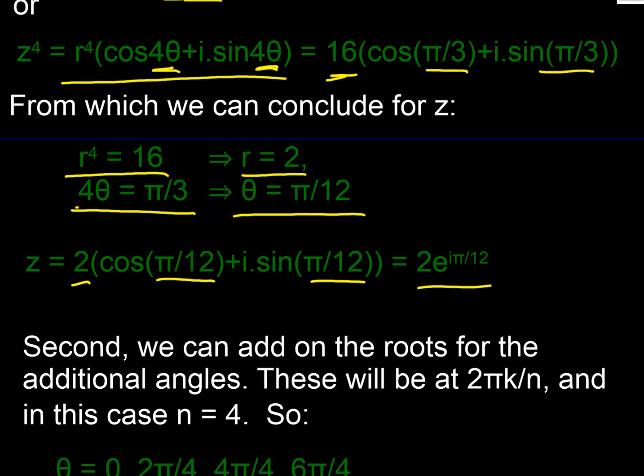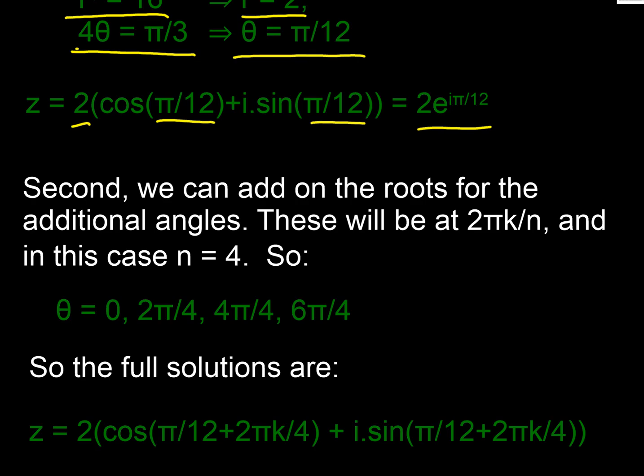Okay. But as in the previous occasion, we could also start with our point, and we could go round an additional 2 pi. So all the time we could add our 2 pi's on, yeah. So we could either have pi over 3, or we can have pi over 3 plus 2 pi, couldn't we?